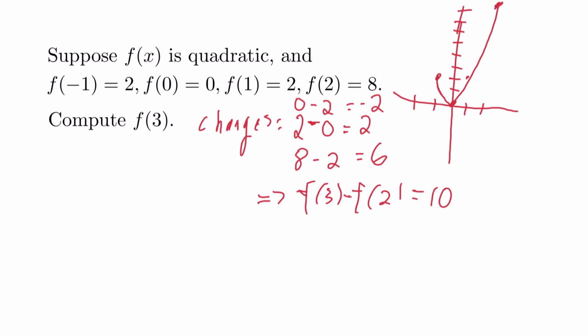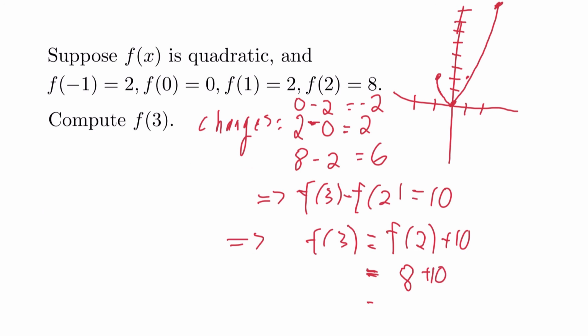So the rate of change between f of 3 and f of 2 is 10. And then I solve for f of 3. So f of 3 is f of 2 plus 10, and I know f of 2 is 8. So 18.